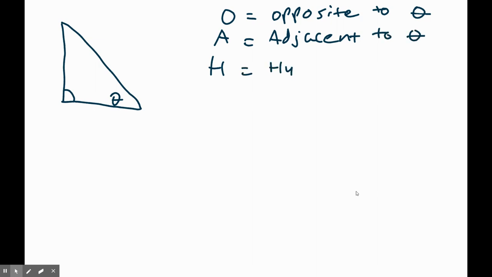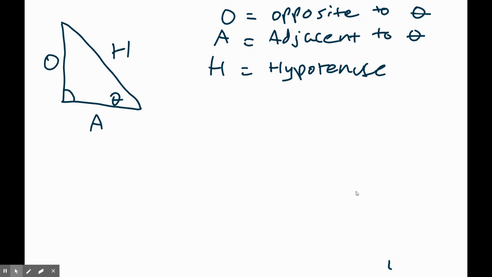And H is the hypotenuse. So whenever we look at theta, theta can be at any of the 3 points, or any of these 2 points. And what we want to label now is O, A, and H. So opposite would be this right over here, opposite of theta. Adjacent would be right here next to it. We can label that A. And the hypotenuse is always the longest leg, so we're going to call that H up top.